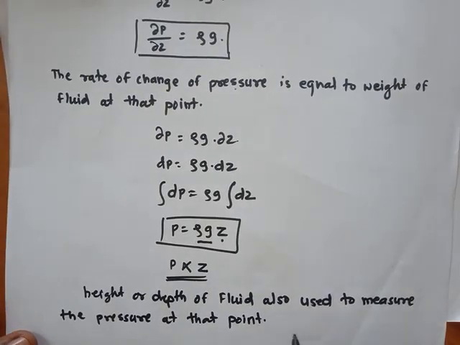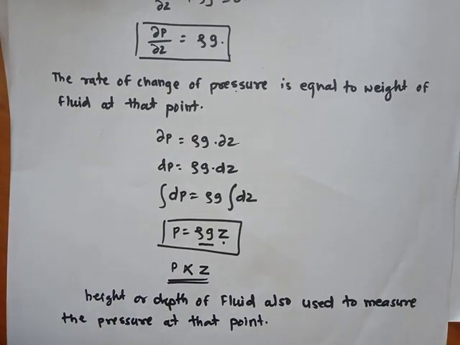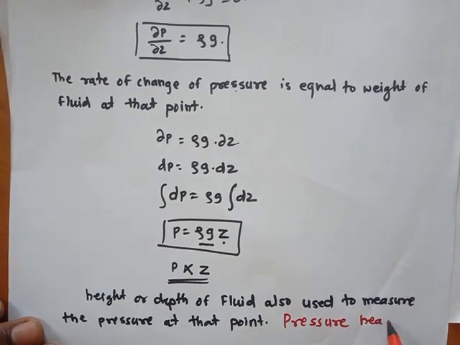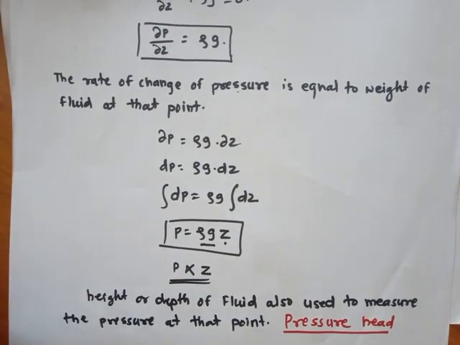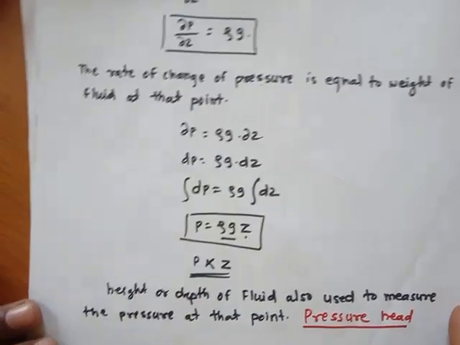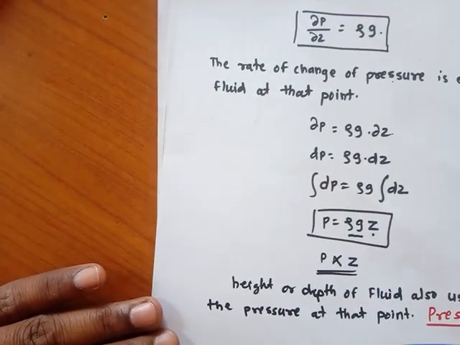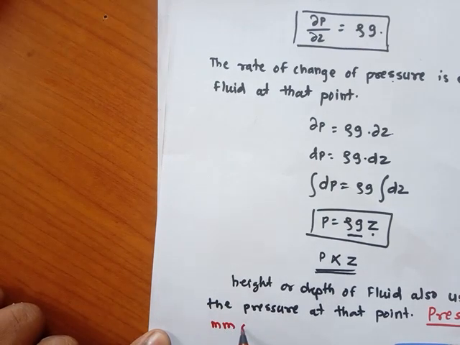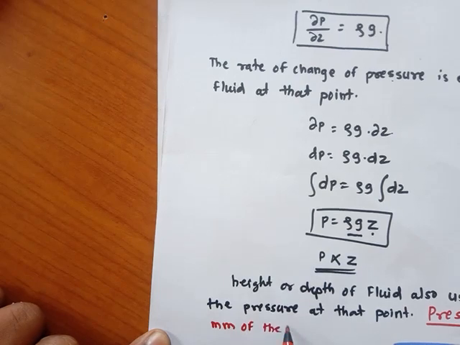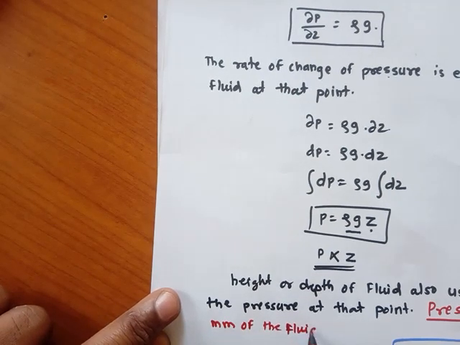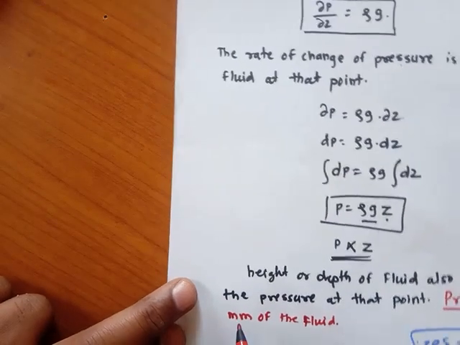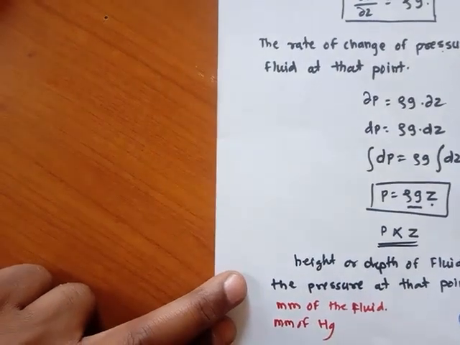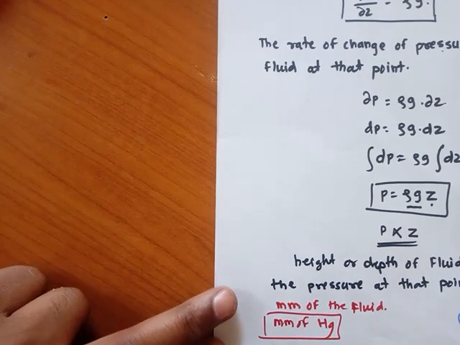It is called the pressure head. Based on that, pressure is also measured in terms of mm of the fluid, for example, mm of Hg.